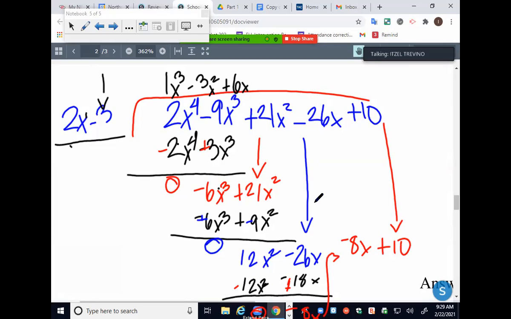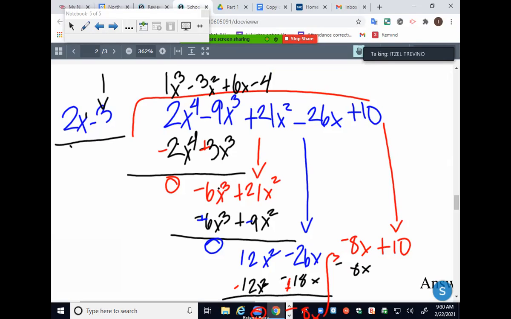And finally, our last time, 2 goes into negative 8. How many times? Negative 4. Now, I have x and I have x. They're both 1. 1 minus 1 is 0. I'm not going to put anything for x. So 2x times negative 4 gives me negative 8x.